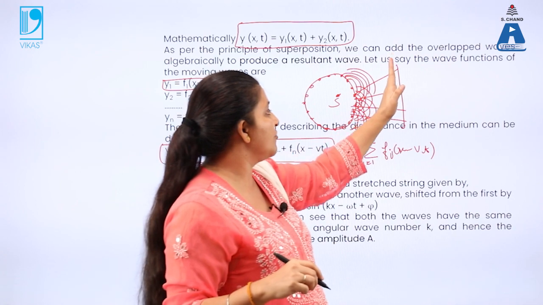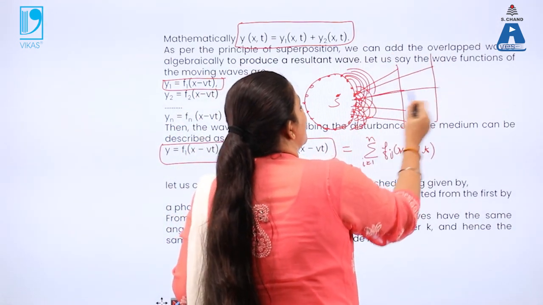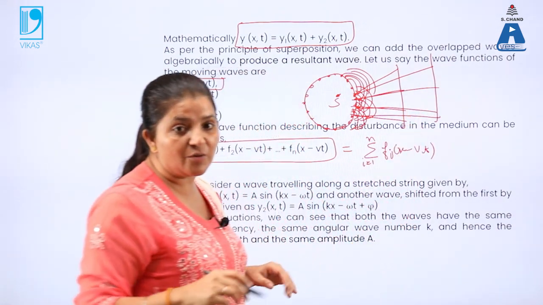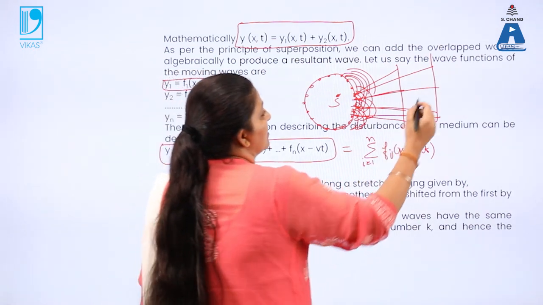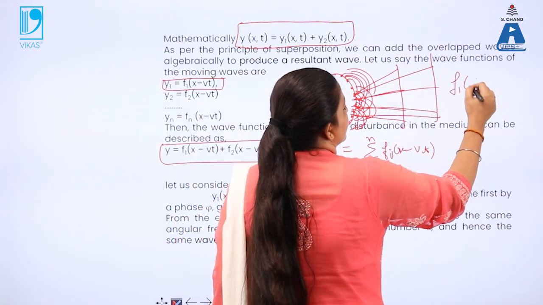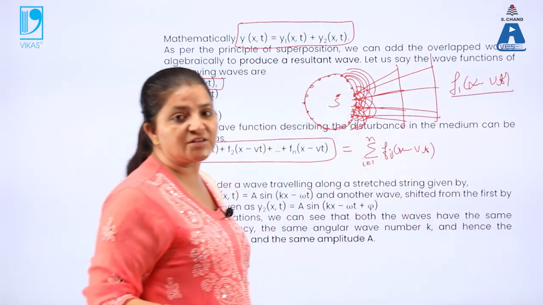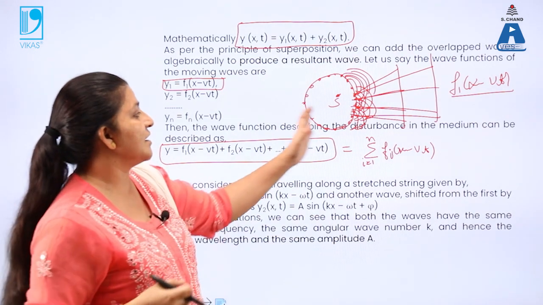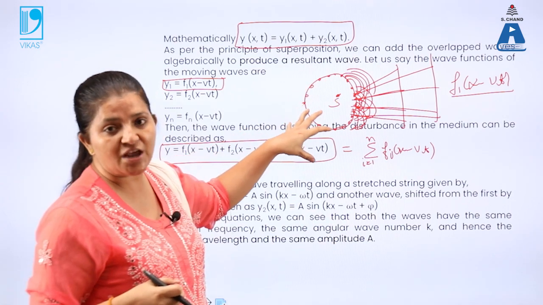On moving the screen from this to this point, the resultant of these wavelets which we are getting will be altered over here. So that's why the displacement is taken as a function of x minus vt. Now we know that displacement has both magnitude and direction. So that's why the resultant is taken as a combination of magnitude as well as time over here.